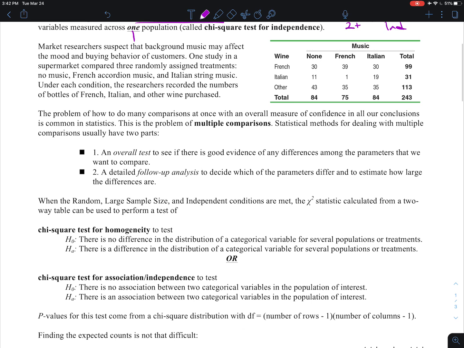So my example here is comparing the type of wine purchased at a grocery store while different kinds of music were being played in the store. And I'll go through the hypotheses for both tests. We don't know how we got these people, but we'll talk about how sampling those people would affect which test you would do.